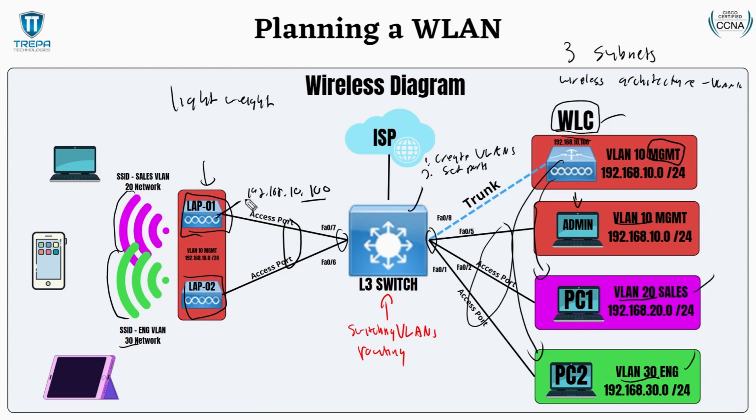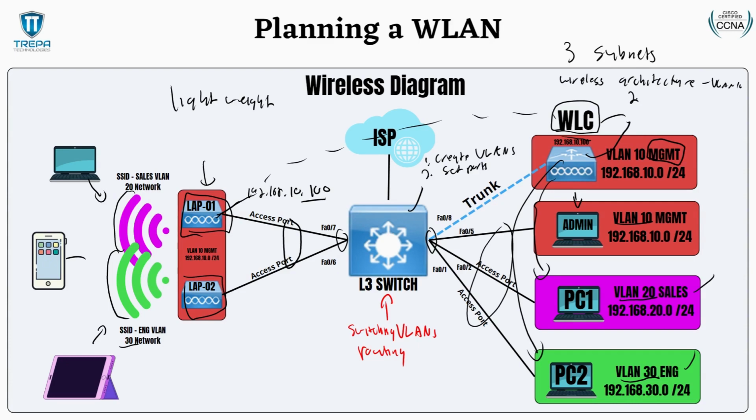And then when it makes that CAPWAP tunnel down to the wireless LAN controller, the wireless LAN controller is going to be the one doing all the routing and switching for these users connecting. So at the wireless LAN controller, we'll have to create two logical interfaces.